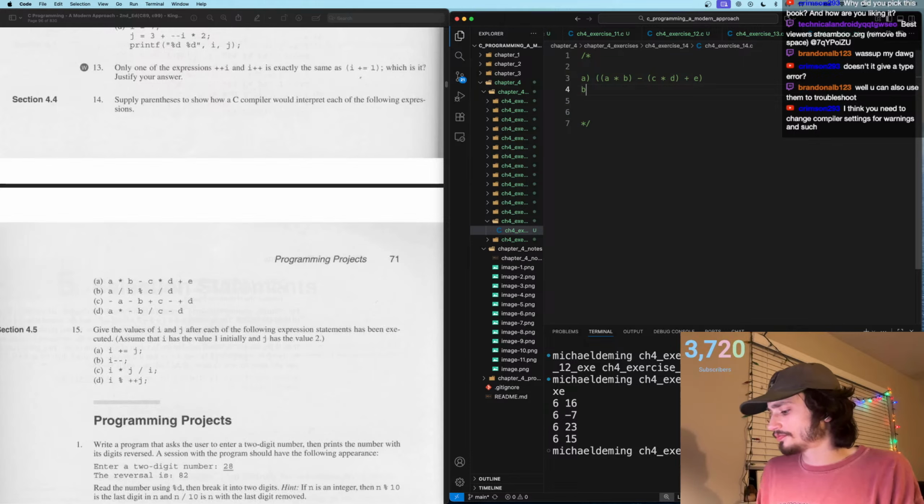B would be A divided by B, so this would just go in line, right? Modulo by C divided by D. And we need two prefixes out here.